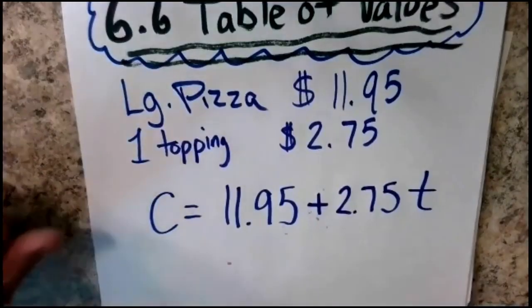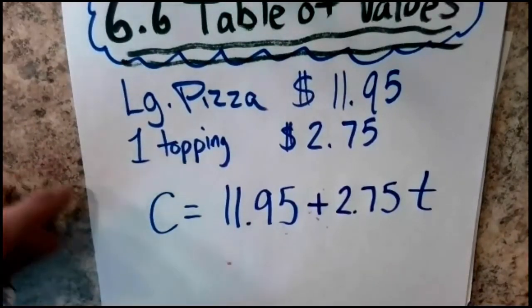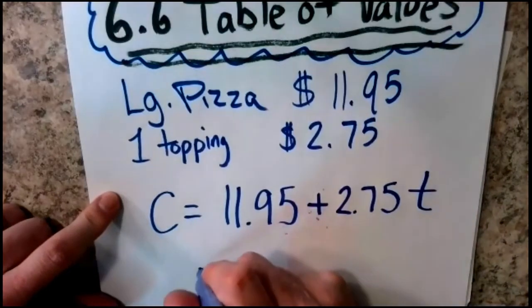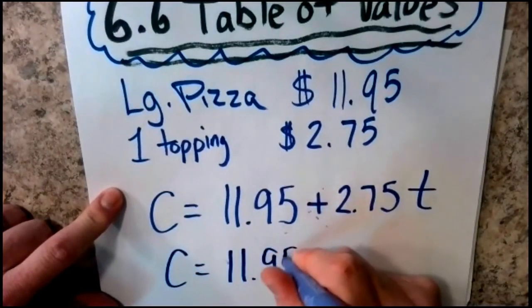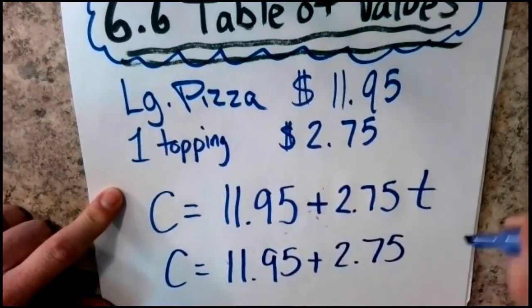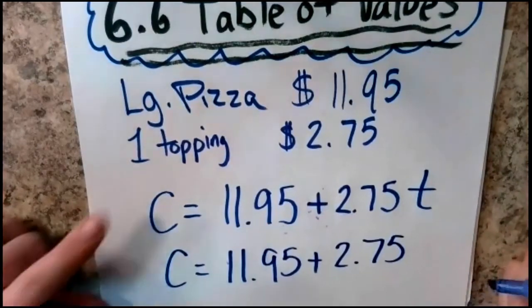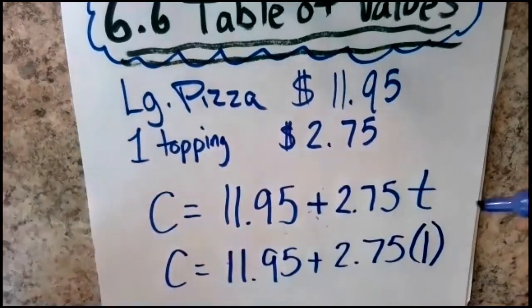In my case, I just ordered one topping. Kind of boring pizza. Well, if I figure this out, I'd go C is equal to $11.95 plus 2.75. And in this case, I'm only ordering one topping, so I put that there. I put it in brackets, right? Because T is a variable, which just means unknown.